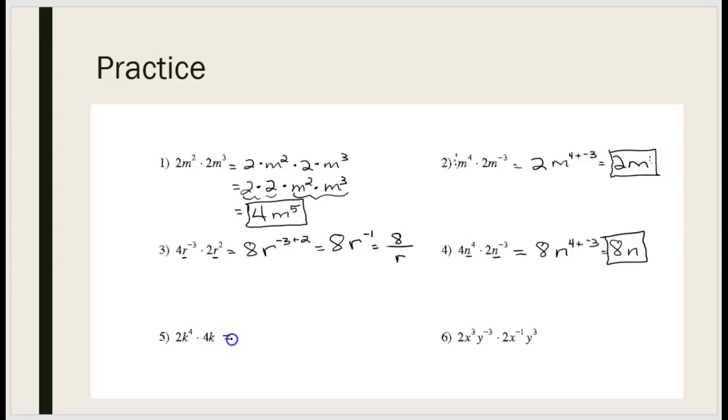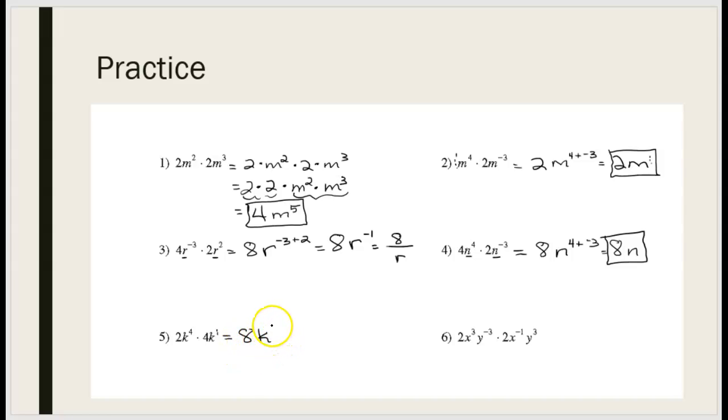Okay, let's see what we got here. 2 times 4, again, is 8. All right, and this time we have a k for our variables. Our bases match, they're both k, but what you have to recognize is, again, phantom 1, this is actually an exponent of 1. That is a k to the first power.